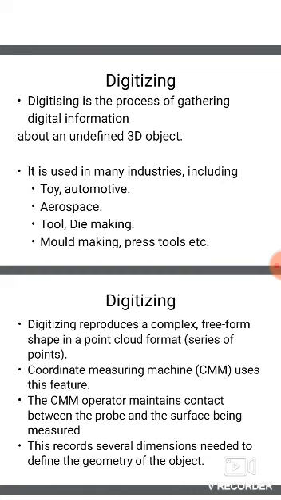This type of data is used frequently for reverse engineering applications with mostly geometrical entities. Next, the process of digitizing is used in many industries like manufacturing, automobiles, aerospace, tools, dies, press tools, etc. So that is digitizing.